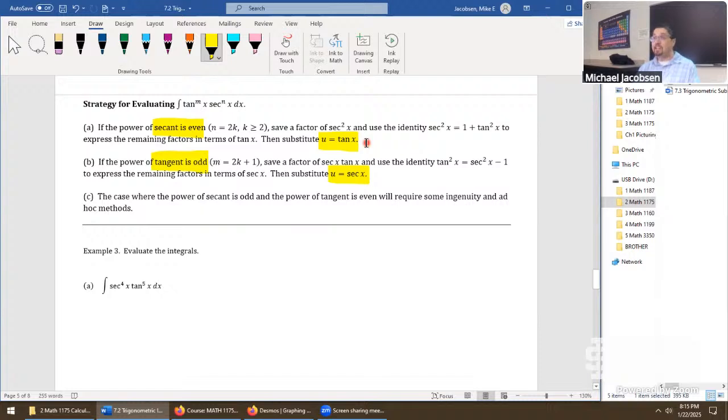That's kind of exciting because that means your answer could look spectacularly different from my answer if you use a different substitution, but they are going to be algebraically equivalent through trigonometric identities. So if your answer looks really wild, that would be the reason why. You probably have the right answer. If you're not sure, you could always have me take a look at it. But let's give this a try.